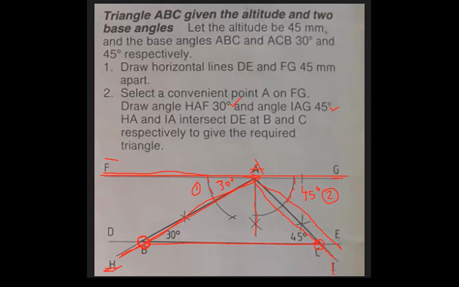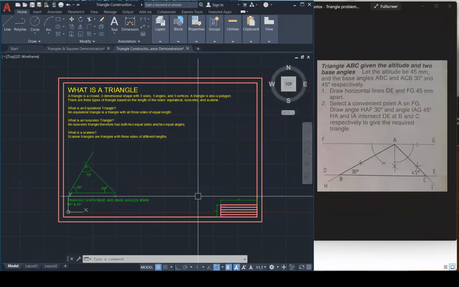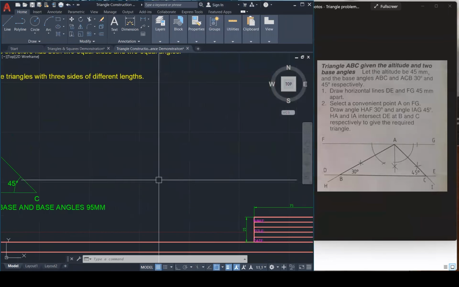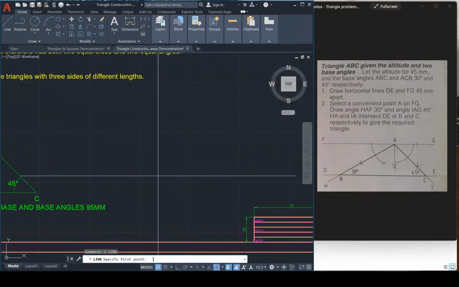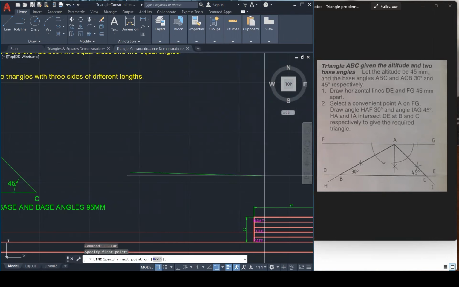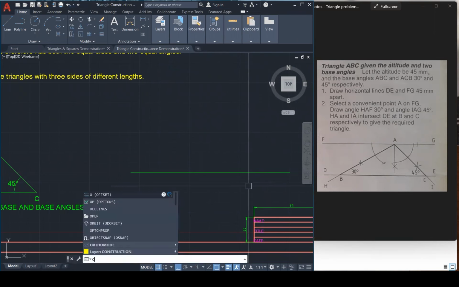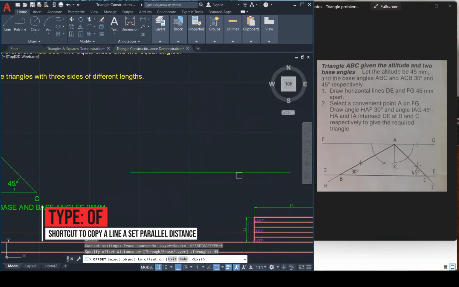So let's give this a try. So the first thing is, let's get these two parallel lines on the board. So my first line is going to be a random line down here, put on my ortho of any length. That's a good length there, I think. And I'm going to offset this 45 mil up.